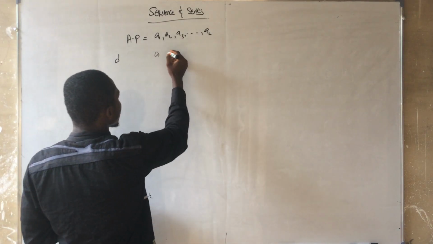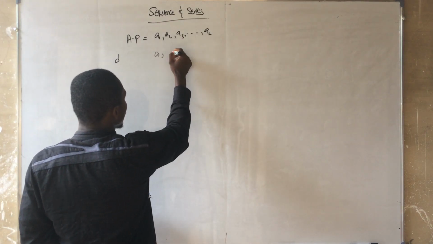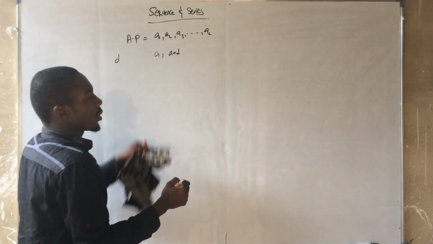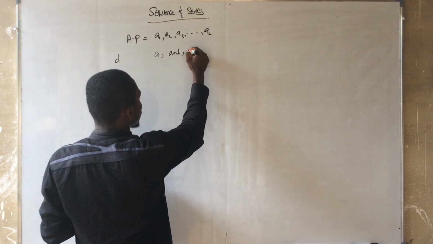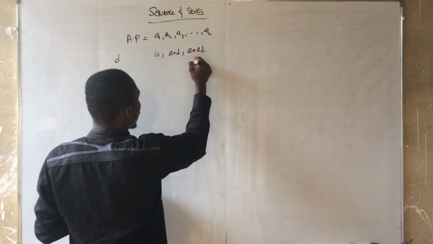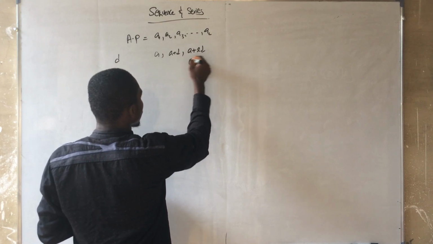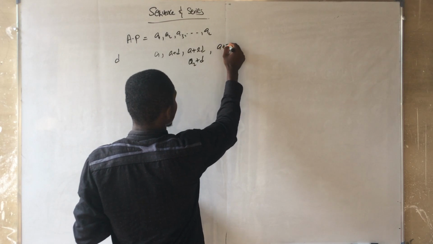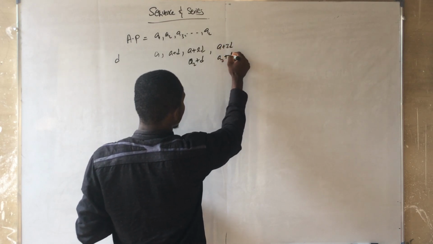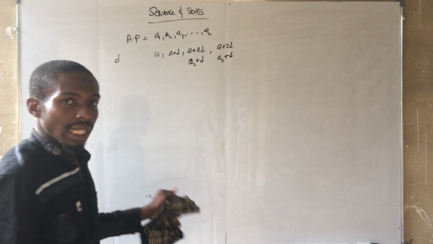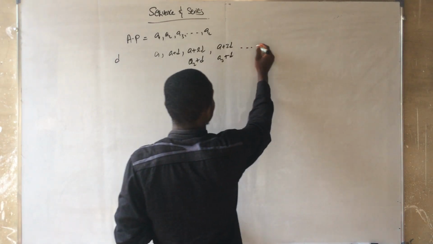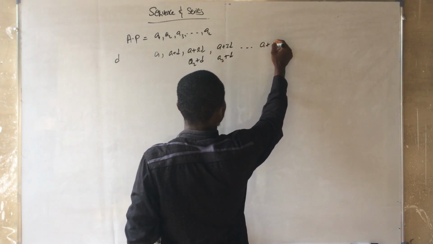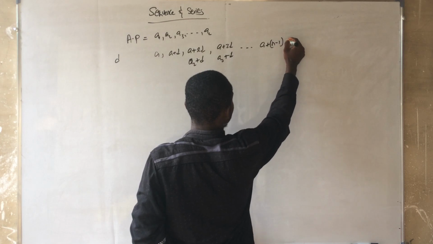If the first term is A, the second term is A plus D, the third term is A plus 2D, or A2 plus D, and the next is A plus 3D, or A3 plus D, and so on till A plus n minus 1 D.